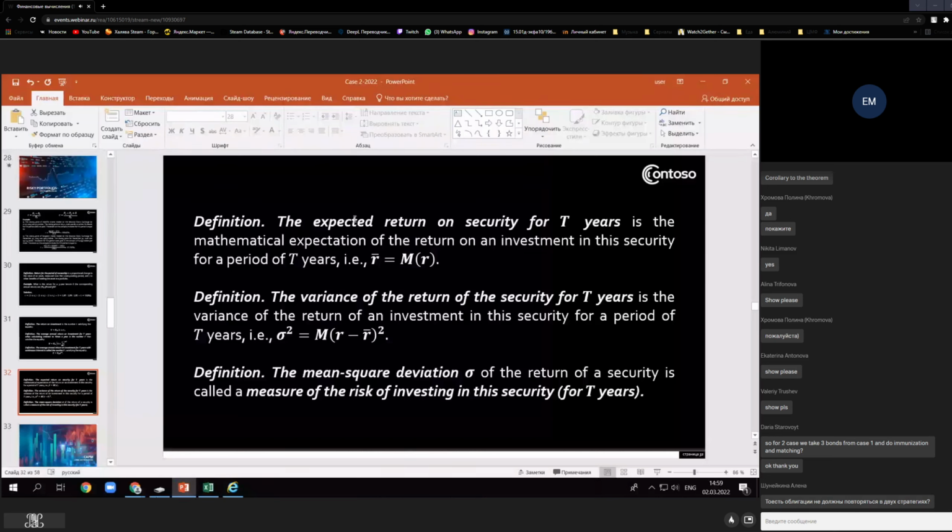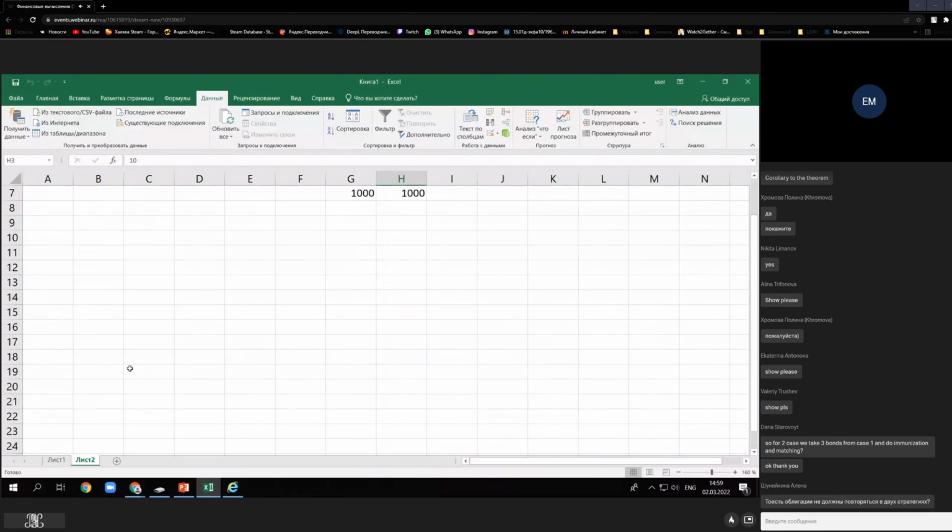I will show the example. What is this slide about? What does it mean? This is about the following construction. Let us suppose we know the distribution function. It means we know the probability of future prices of our share.